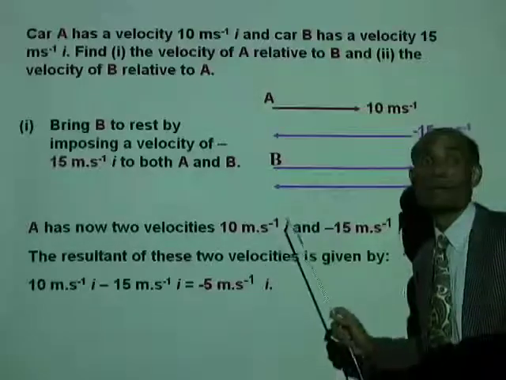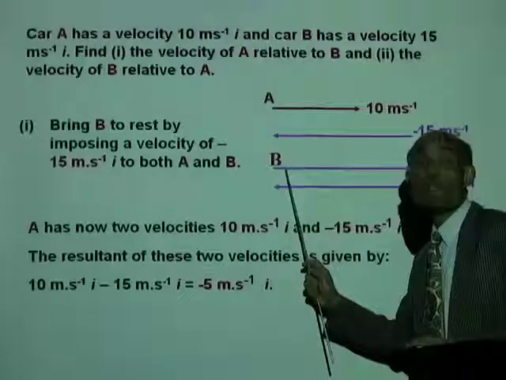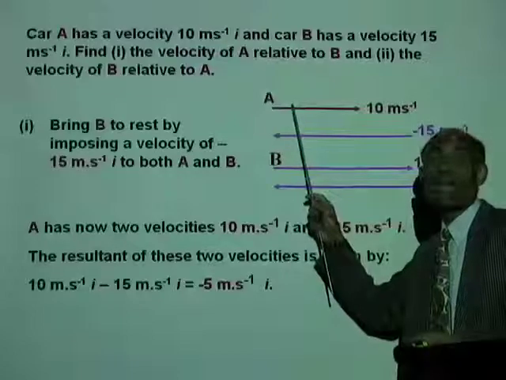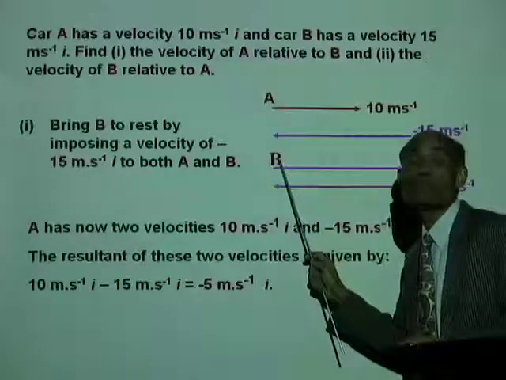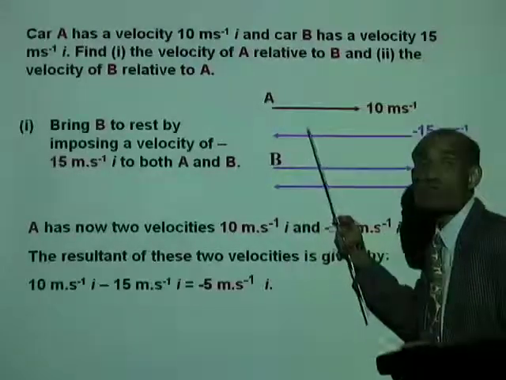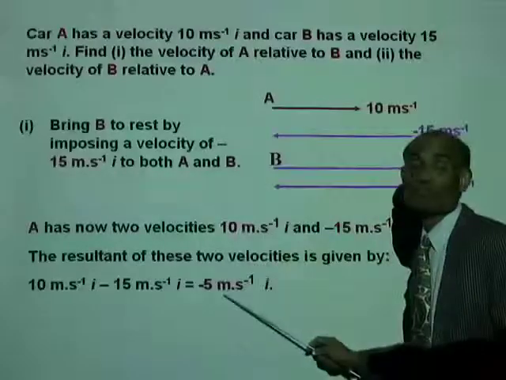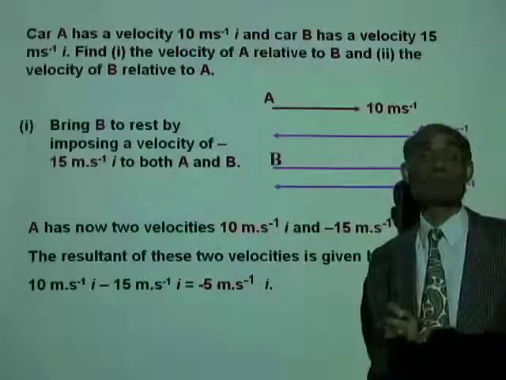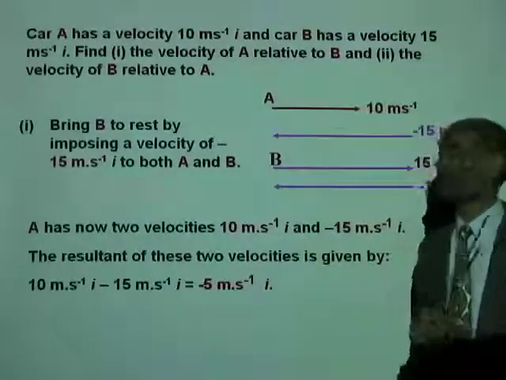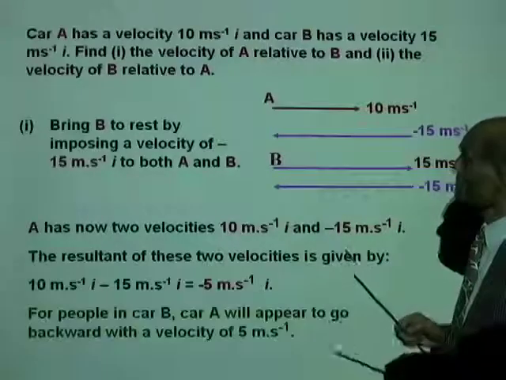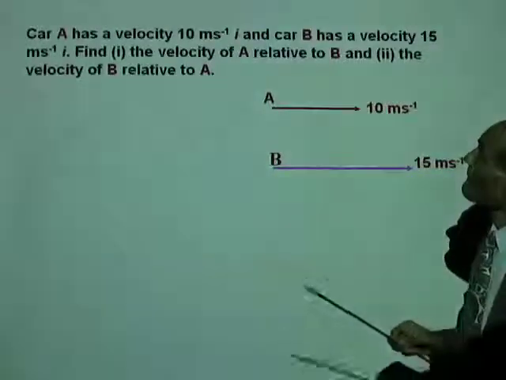What does it mean? When you measure the velocity of A from B, A will appear to be going back with a velocity of 5 meters per second. That is the meaning there. Alright, let's do part 2.